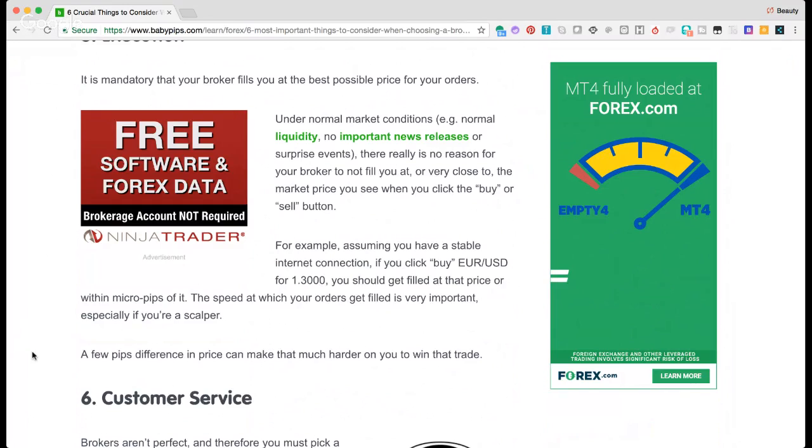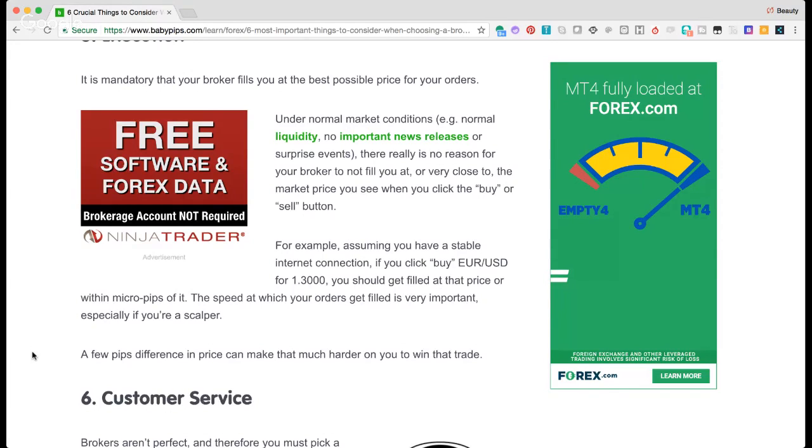For example, assuming you have a stable internet connection, if you click buy the EUR/USD at 1.3000, you should get filled at that price or within micro pips of it.